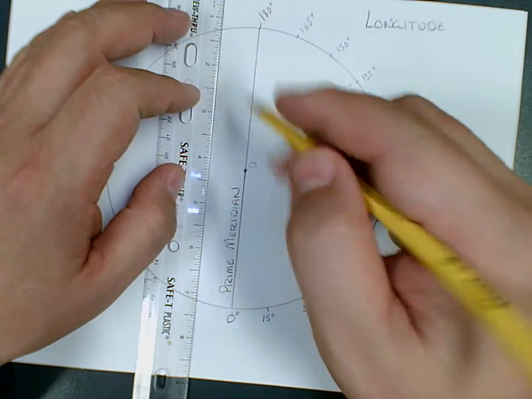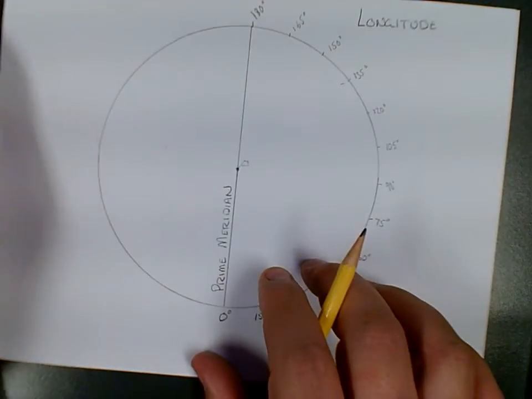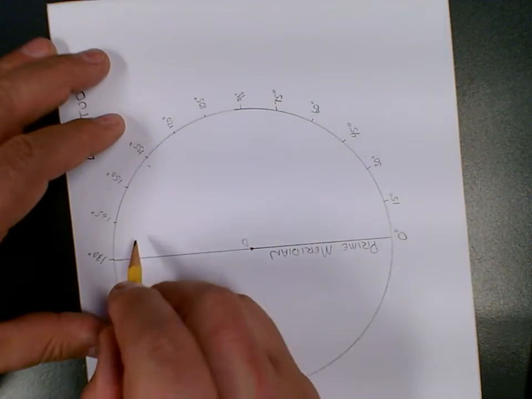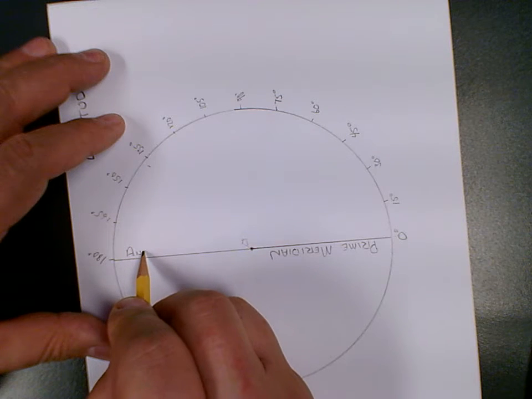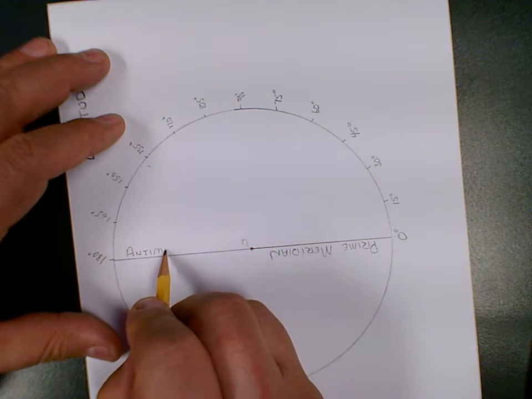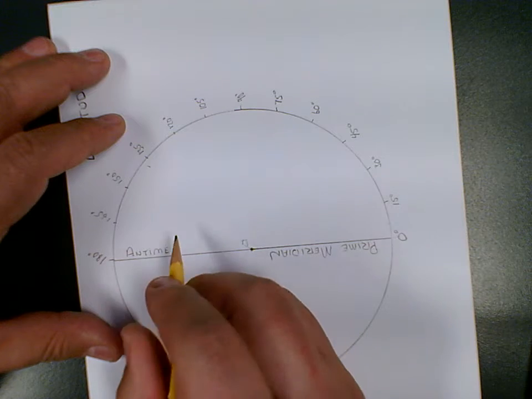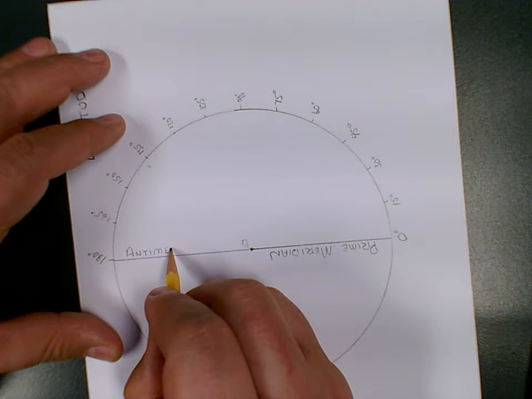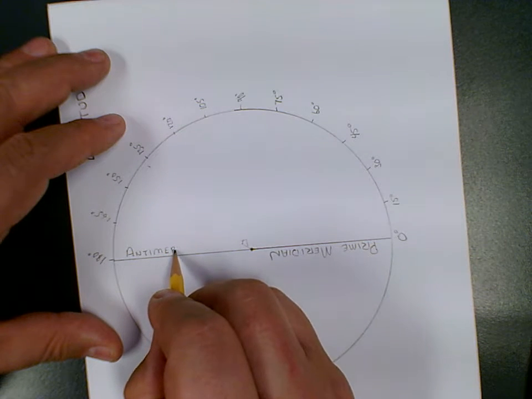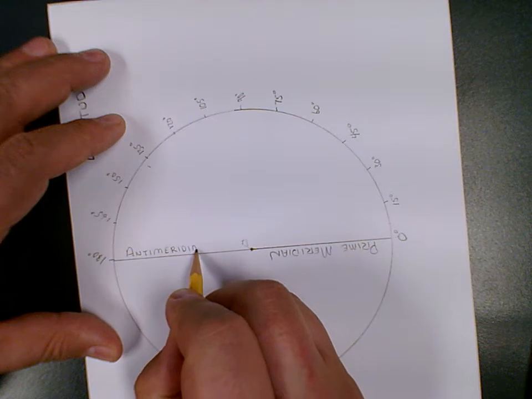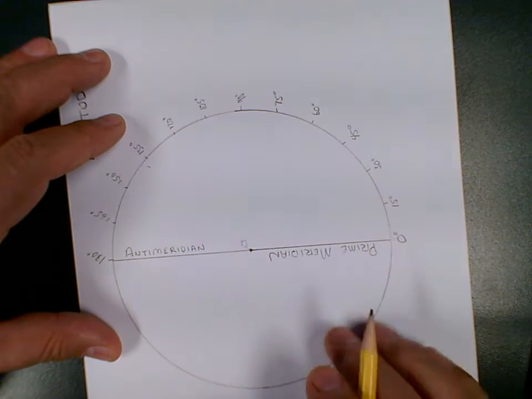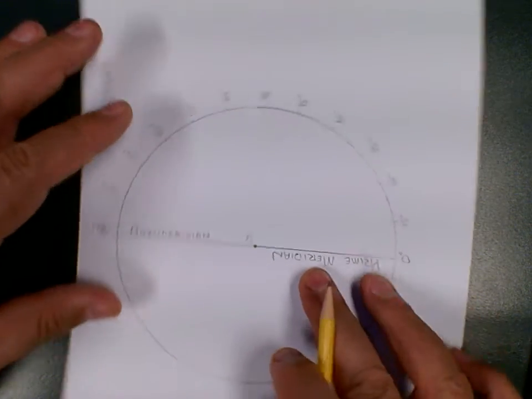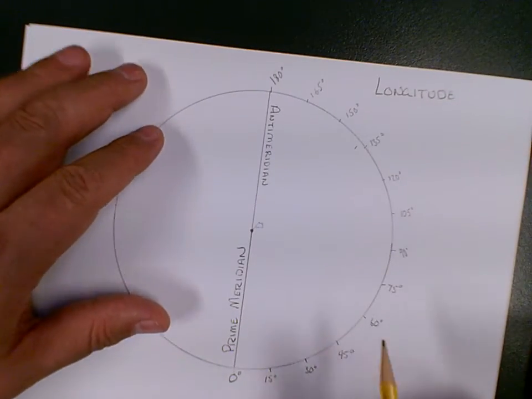This is a completely different number. This line here is called the anti-meridian, anti meaning other or opposite. The anti-meridian is the back of the head, while the prime meridian is the front, or the nose, right?